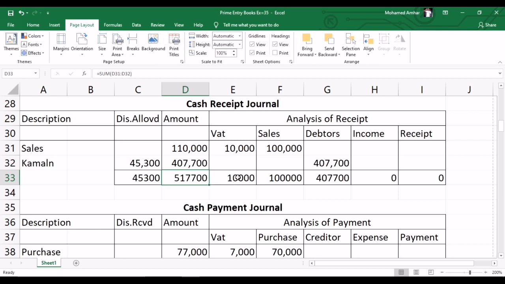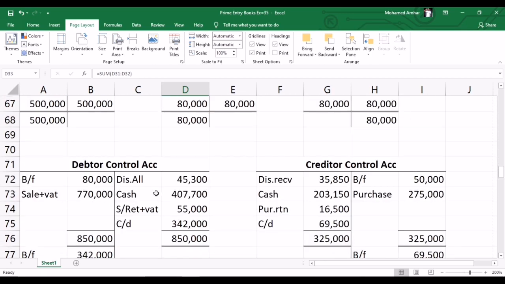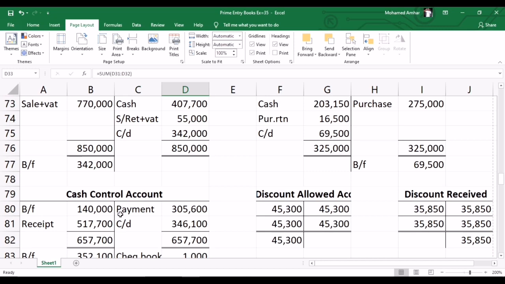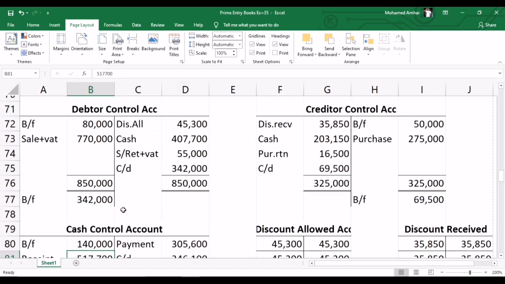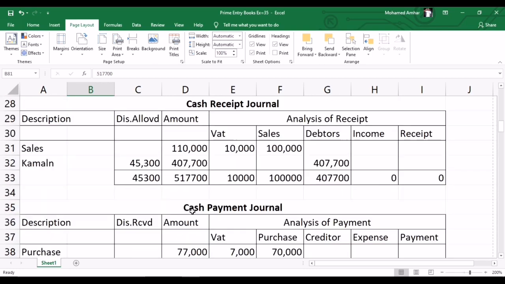Other accounts mean VAT account, sales account, debtors account, because these amounts are the breakdown of this total amount. So it should be first debited to cash control account. Here cash control account is there. Total receipt 117,700. Check total receipt, 117,700.